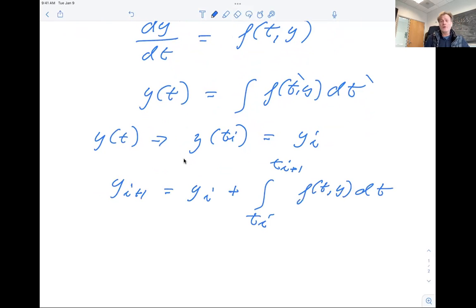So this is a pretty basic transformation of the differential equation into an integral equation.